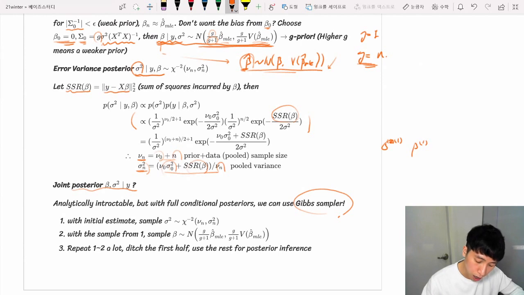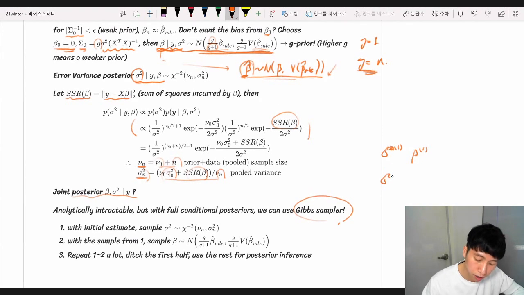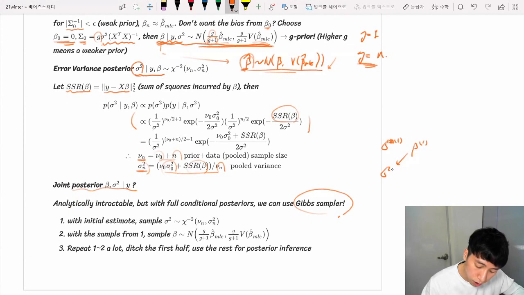And after that, you generate samples of sigma, the second samples of sigma conditional on the data and the beta, right? And in turn, conditional on this sigma squared, you get another sample of beta, and you can proceed this sequence of samplings on and on.